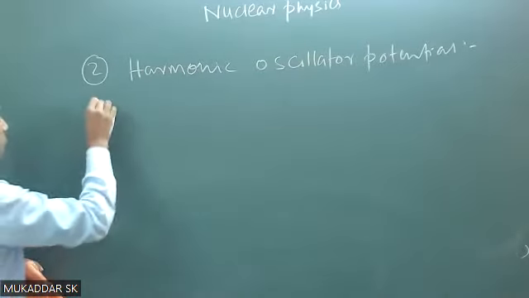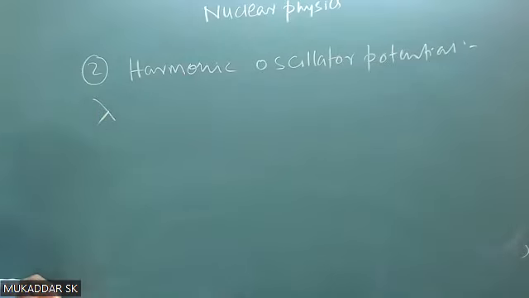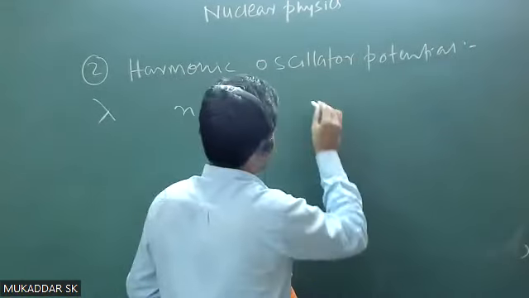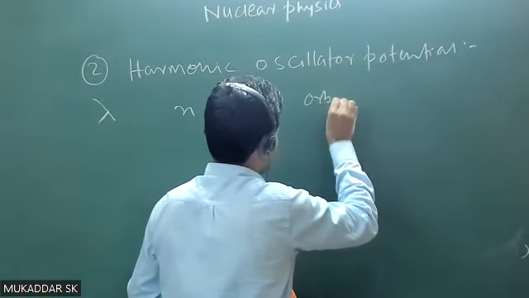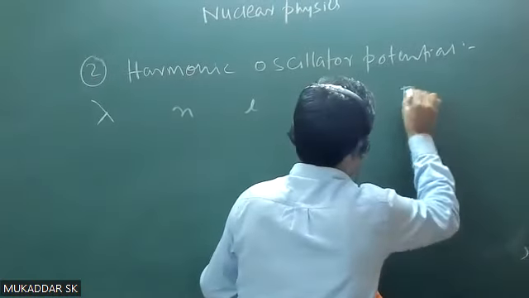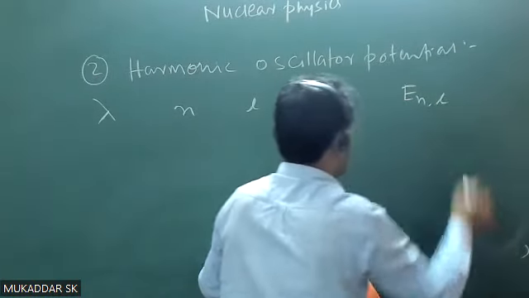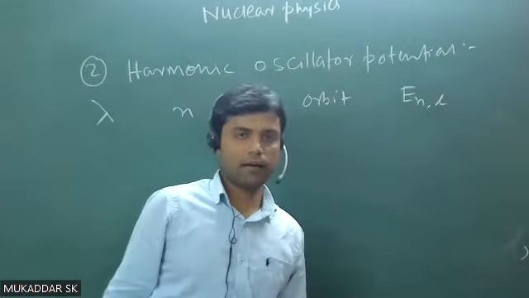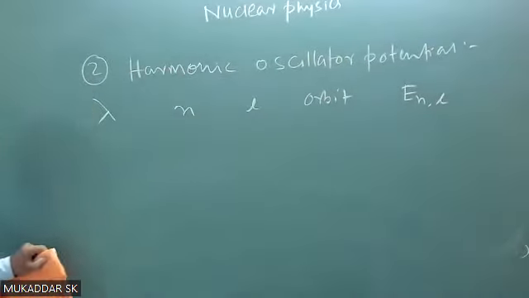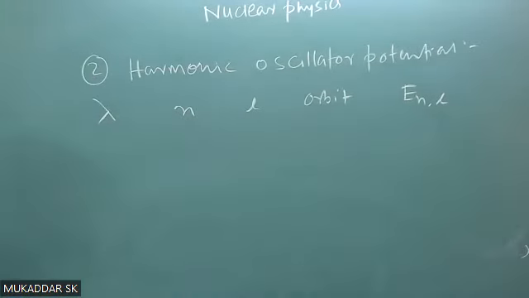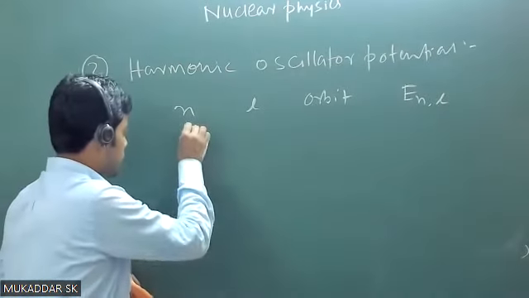So I'll calculate lambda for different n, for different L, and then you have an orbital corresponding to the L values, and finally I'll calculate E n L, because we have seen that energy is a function of n and L, right? So first, what can the n values be? The minimum first value will be 1, right? So I'll use 1.